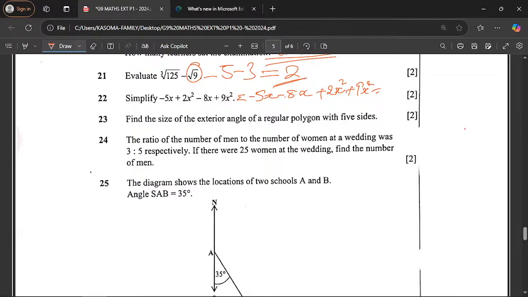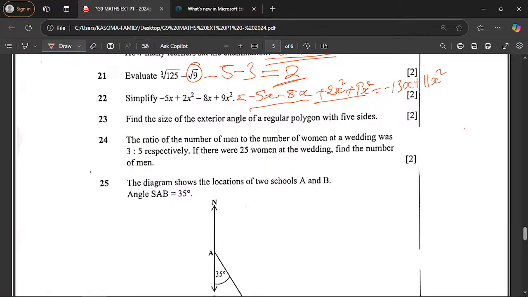Since these are negative 5x and negative 8x, our answer is going to be negative 13x. Then 2x squared plus 9x squared will give us plus 11x squared.